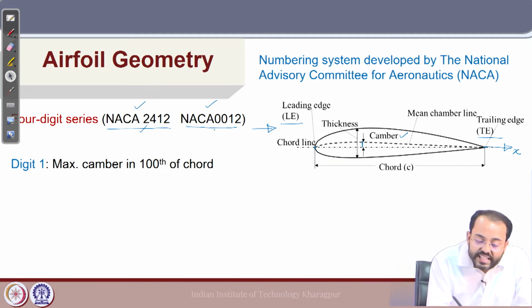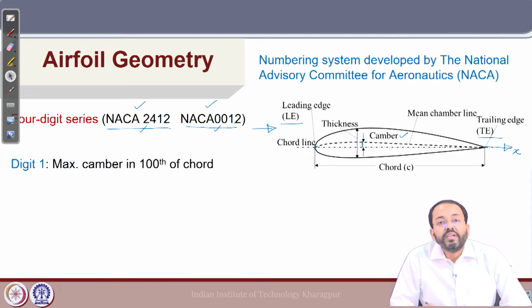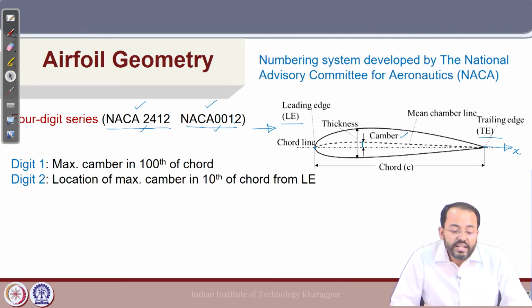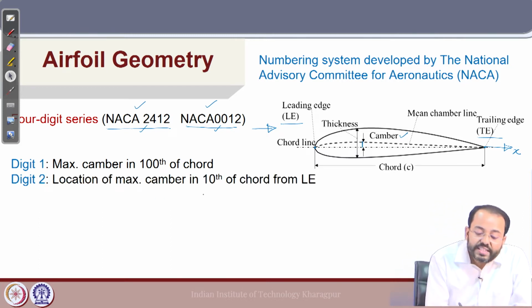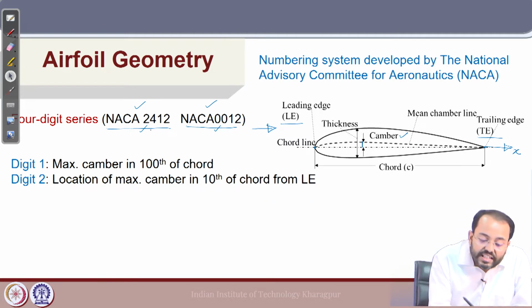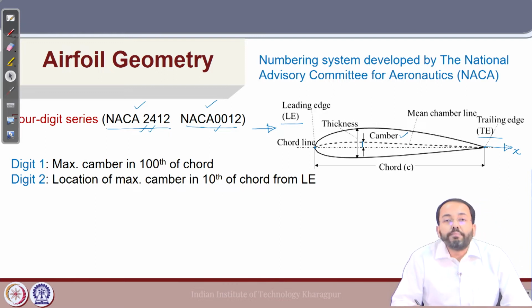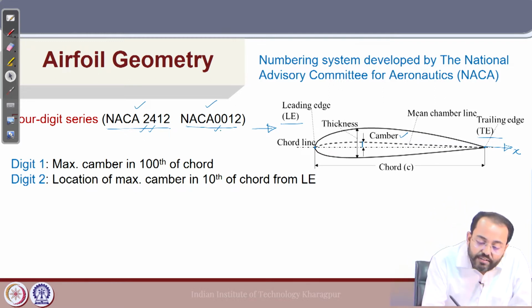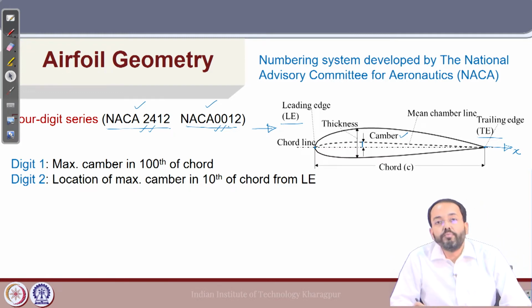For the next case, NACA 0012, the maximum camber is 0, that means the foil has no camber. The second digit is the location of maximum camber in 10th of chord from the leading edge. It is 4, that means the location of the maximum camber is 40% of the chord length from the leading edge. Here again, for NACA 0012, because there is no camber, the second digit is also 0.